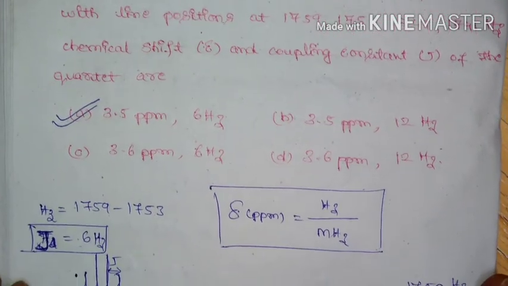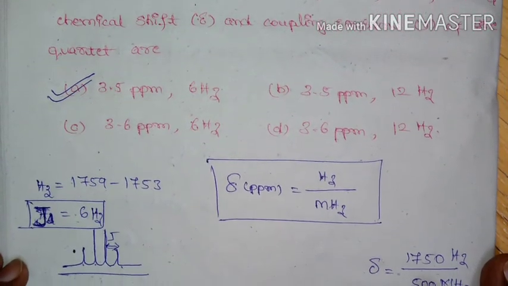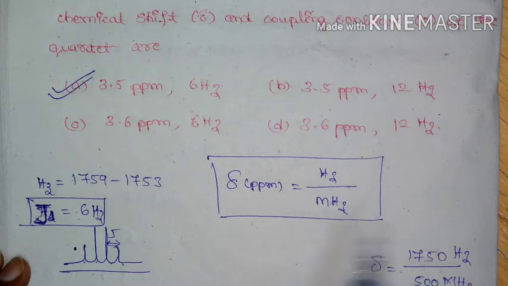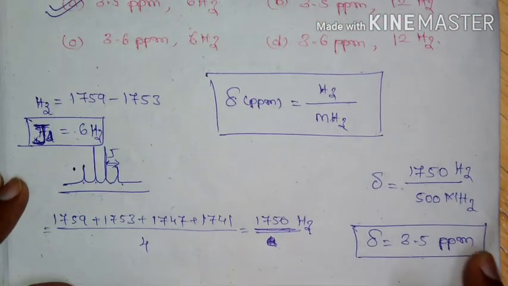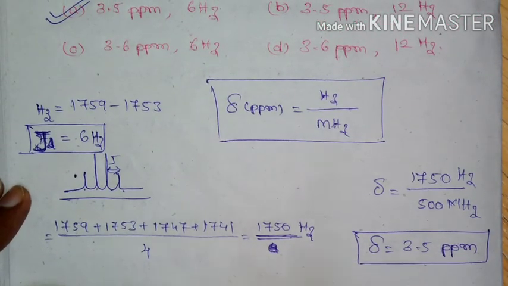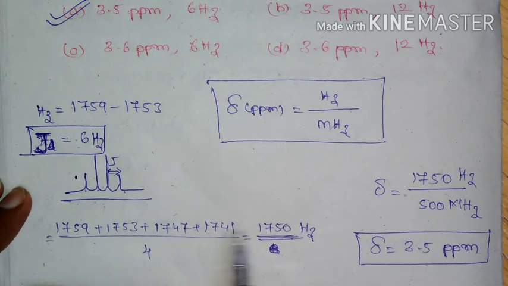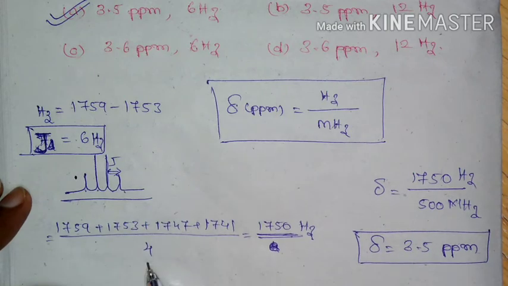In order to calculate the chemical shift, this is the formula we are going to use: delta is equal to Hertz by megahertz. Here they are given in terms of Hertz. Since it is a quartet signal, I am going to add all the frequencies and divide by 4.